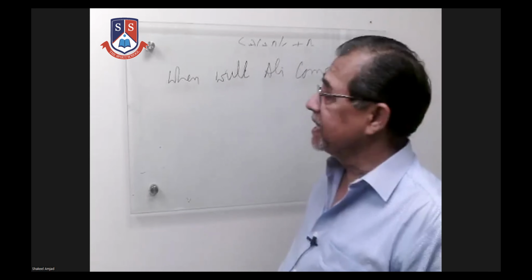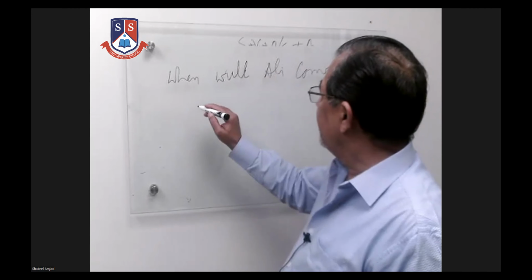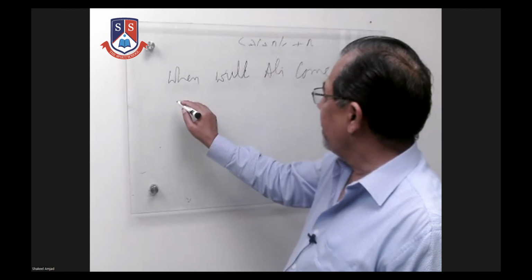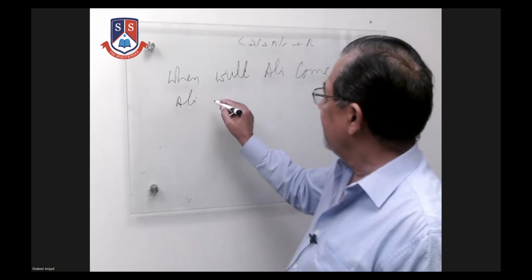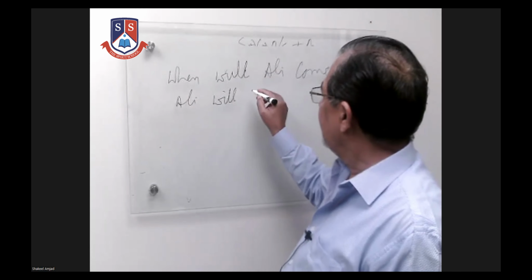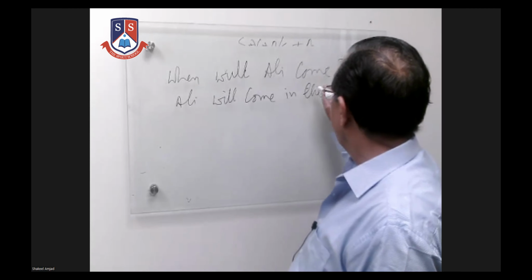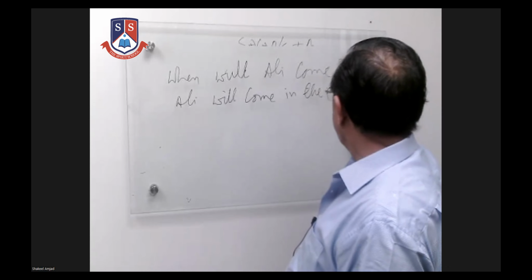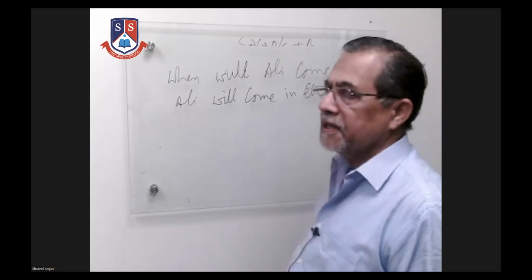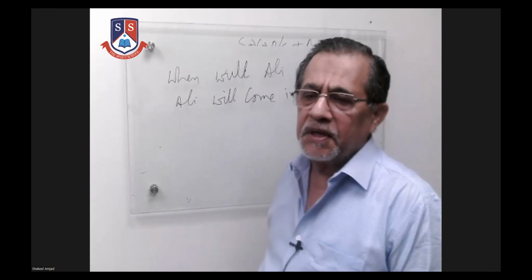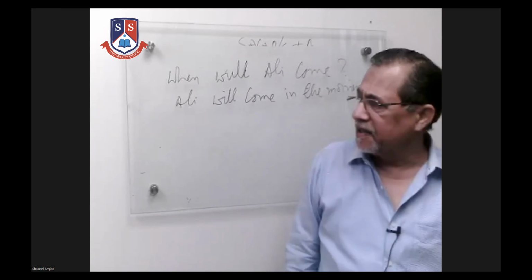What was actually this sentence? Right? So, Ali will come in the morning. In the morning. So this was an assertive declarative statement.